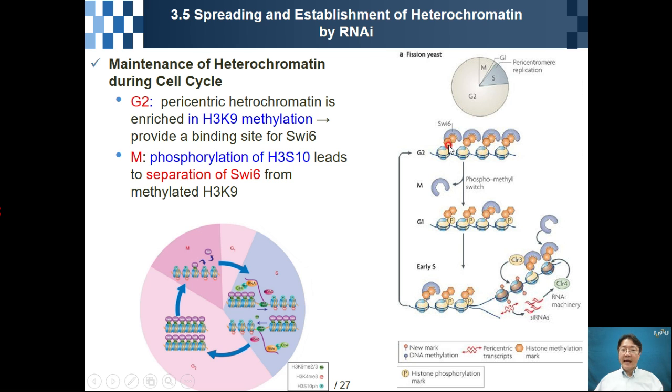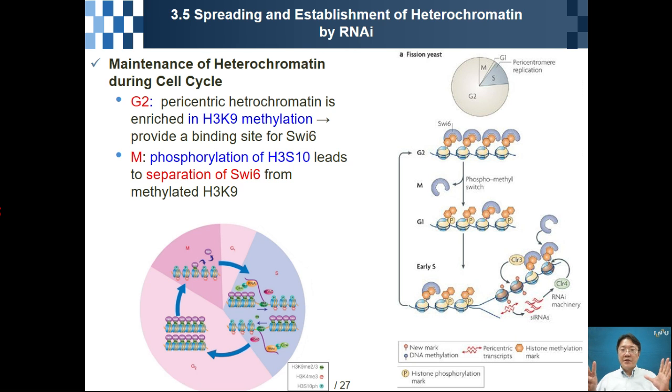This histone H3 is composed of lots of amino acids. At the 9th location there is K, which means lysine. At the 10th position there is S, which means serine.